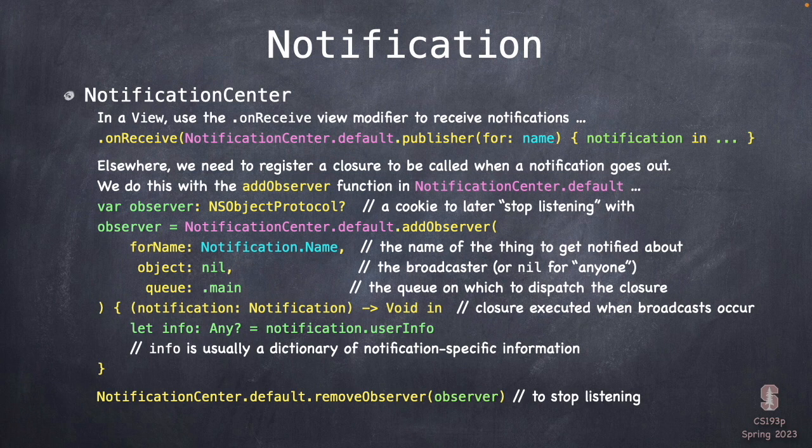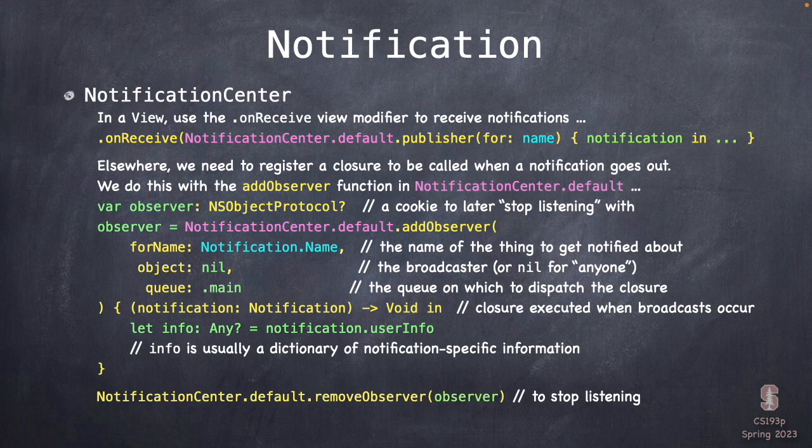We don't really do it much. This notification userInfo, for example, on the keyboard one, it's actually the CGRect in this dictionary that tells you where the keyboard is now when it came up. It could be valuable. And notice also that this addObserver returns a little observer thing of type NSObjectProtocol right there. That's just a little cookie that you can use to later remove yourself as an observer.